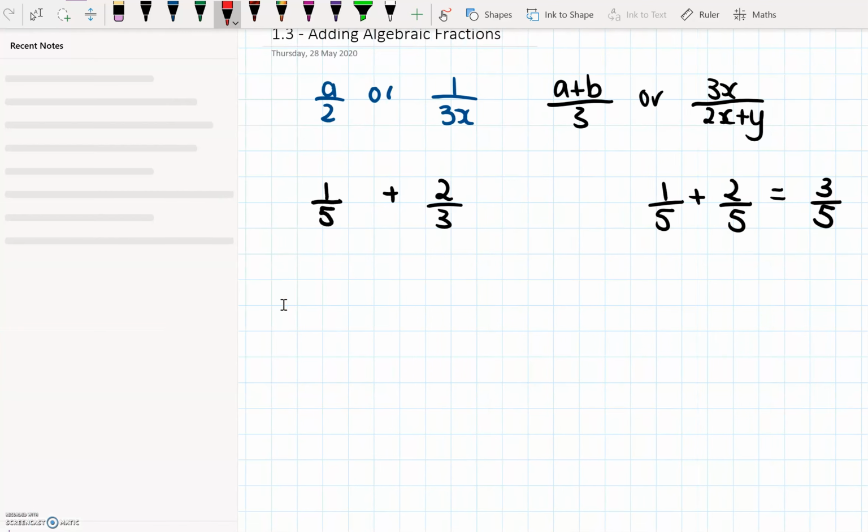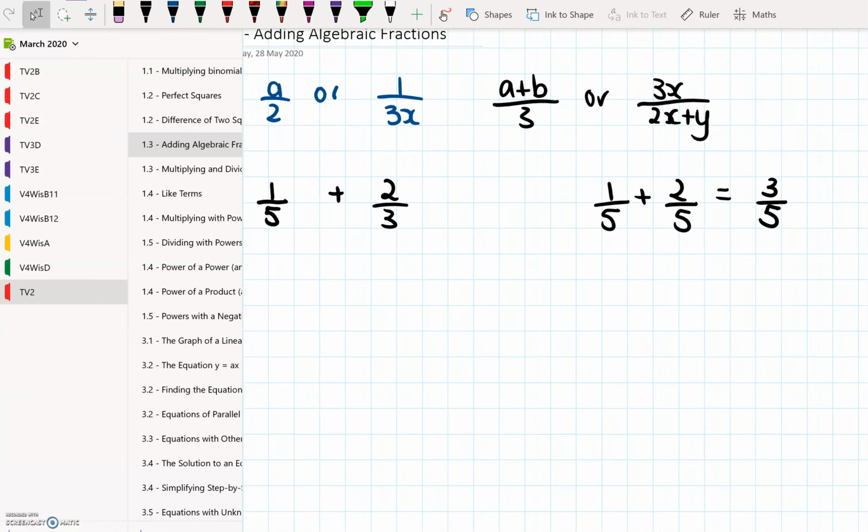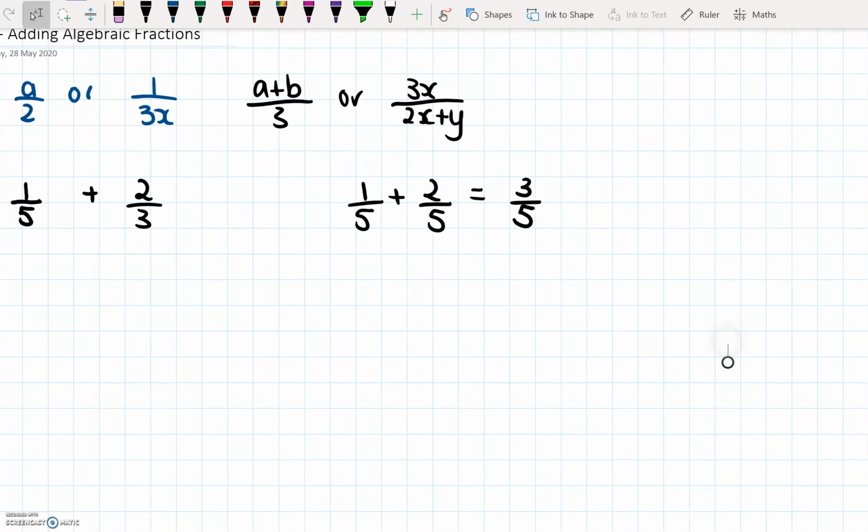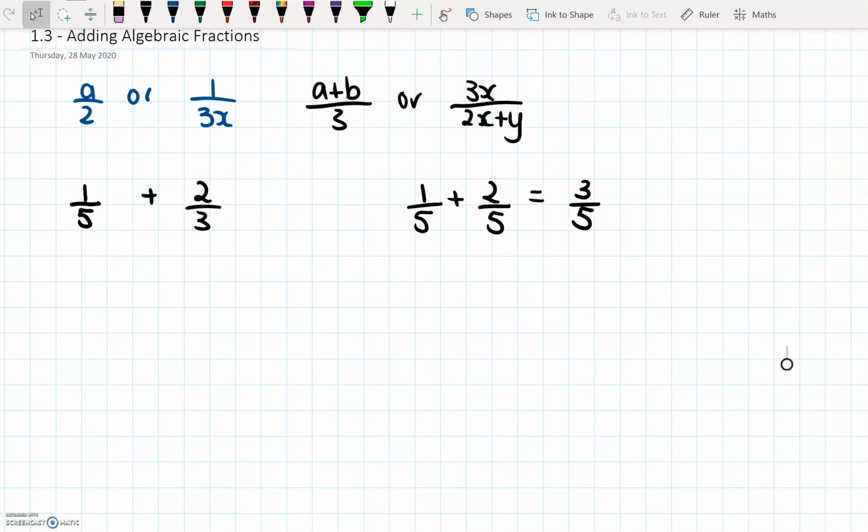The denominator on the second fraction is 3, so we're going to multiply the first one by 3 on the bottom. And if you multiply by 3 on the bottom, you must also multiply by 3 on the top, because 3 over 3 is equal to 1, and then we're not changing the fraction. We're not making it different, we're just making it look bigger.